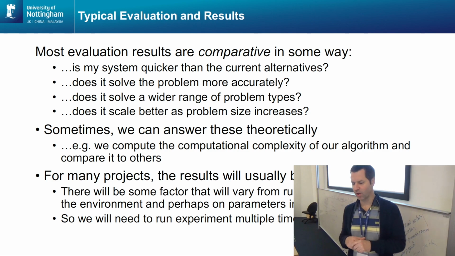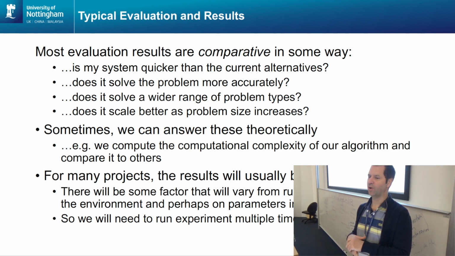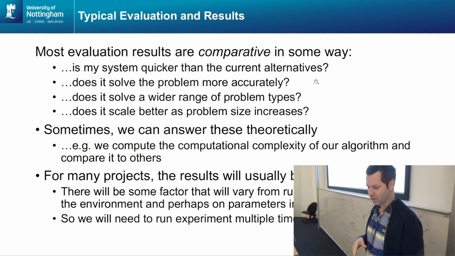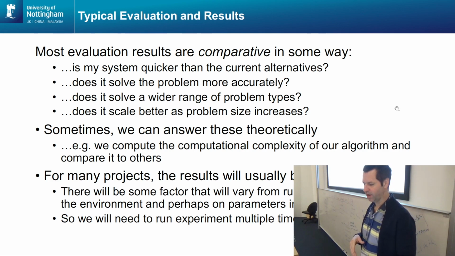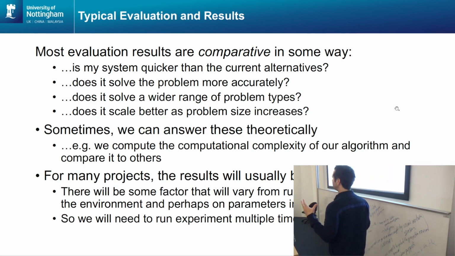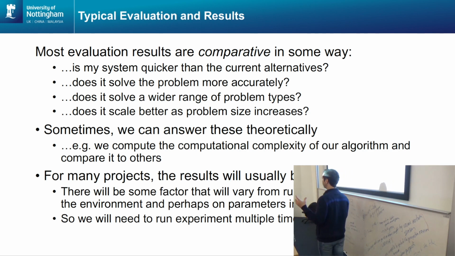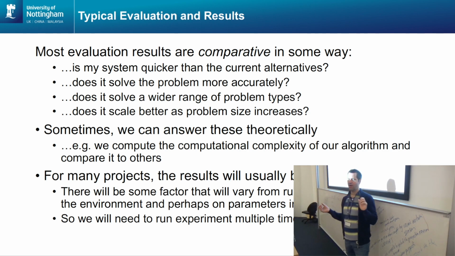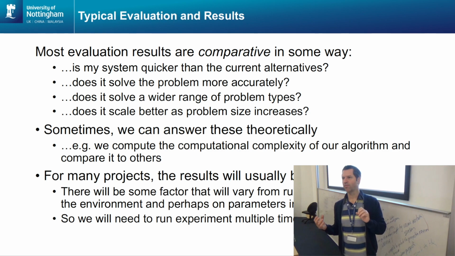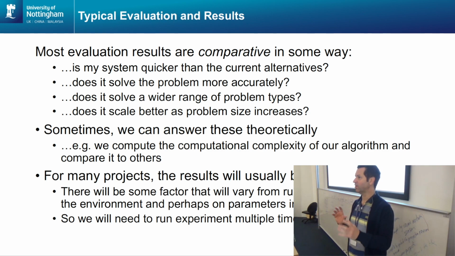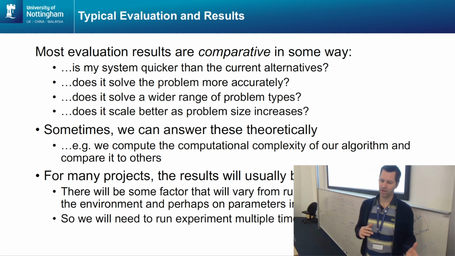Or maybe it solves new problems that weren't solved previously. Or maybe it scales better, right? As the data set sizes increase, maybe your solution scales with data set sizes. But in all of those assumptions, there's a comparison taking place, right? You're comparing your work with somebody else's work.